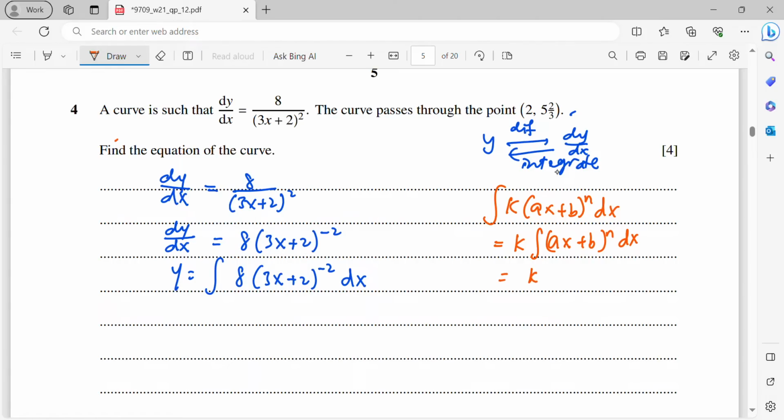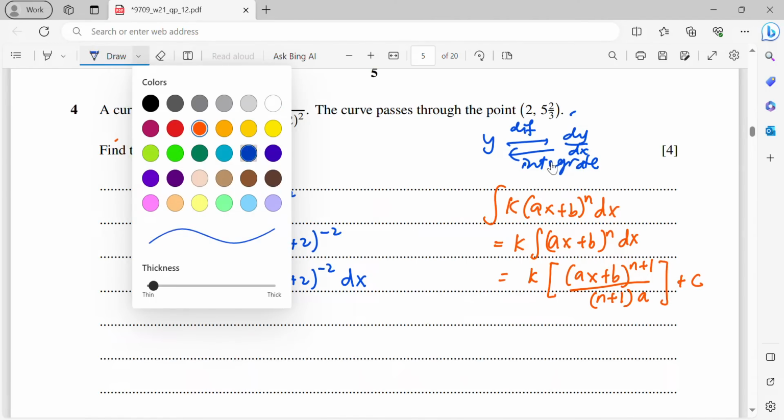So according to the formula, when you integrate (ax plus b) to the power of n dx, it is going to be (ax plus b) to the power of n plus 1 over n plus 1. You copy down the new degree, and now you differentiate ax plus b to get a, followed by plus c because of indefinite integral.